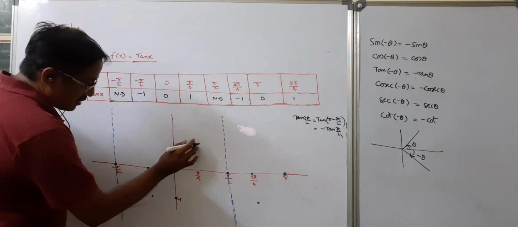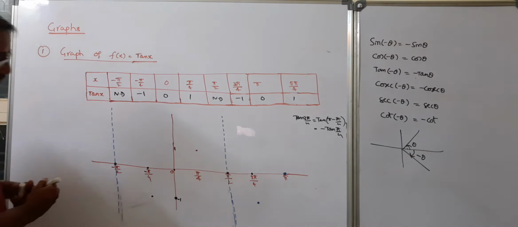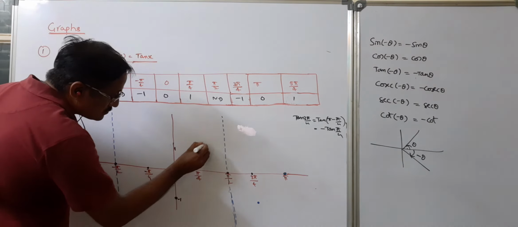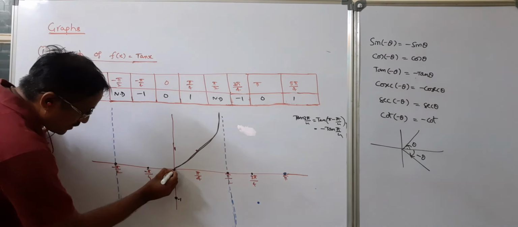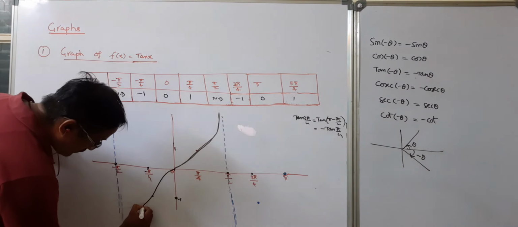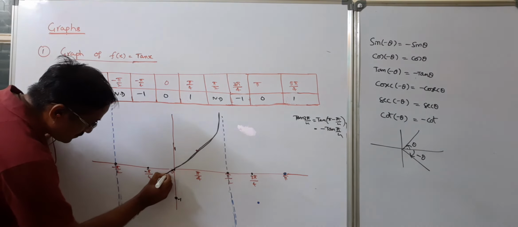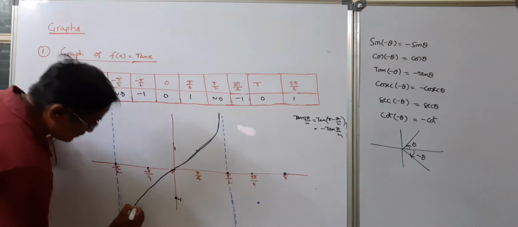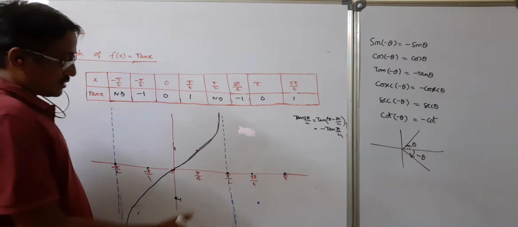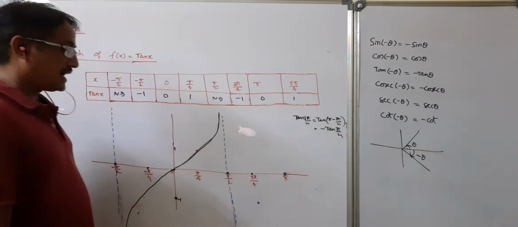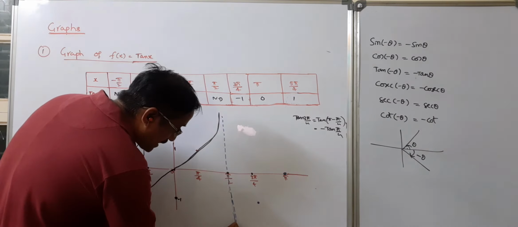So let us see how you are going to draw the graph. You need to draw the graph like this. And here it is negative. This is the second quadrant, tan theta is negative. Now the graph comes from minus infinity like this.